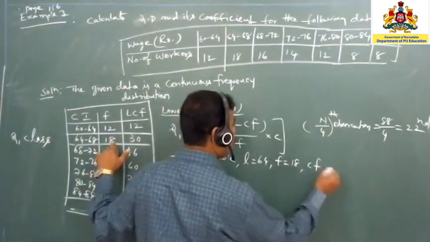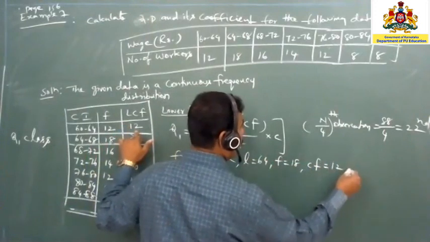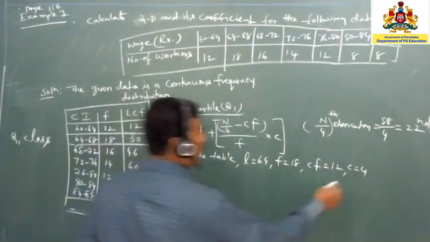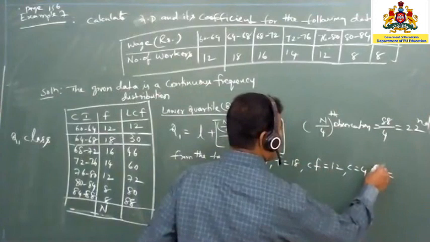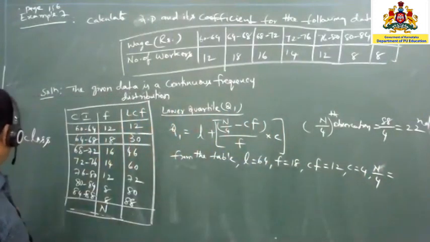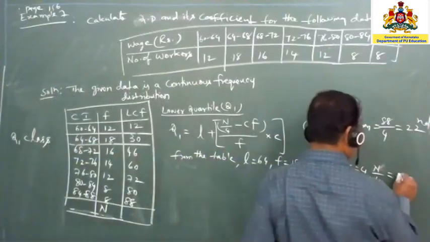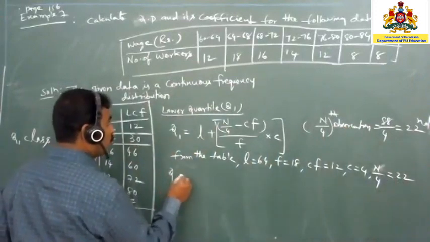CF is the LCF of the previous class, 12. C equals 4, the width of the class interval. N by 4 is already there, N by 4 is equal to 22. Therefore, Q1, substitute the values.